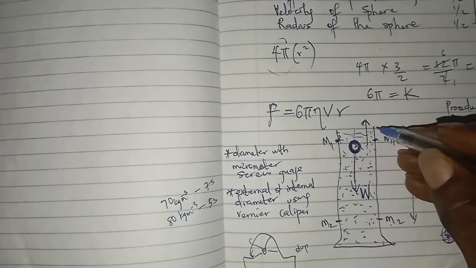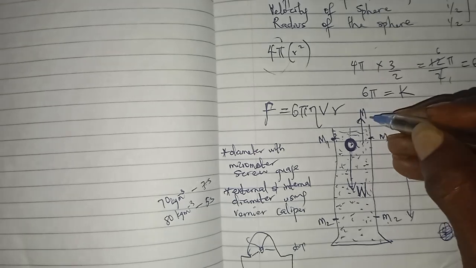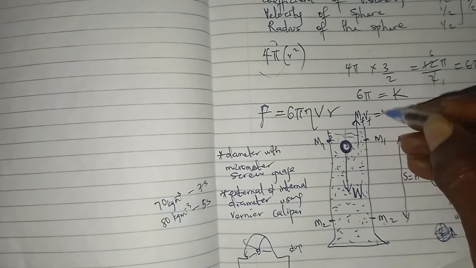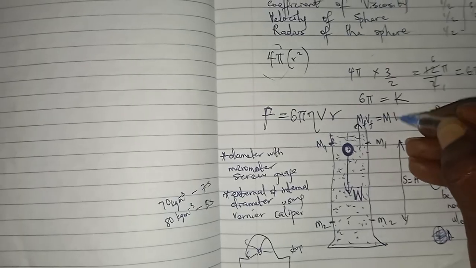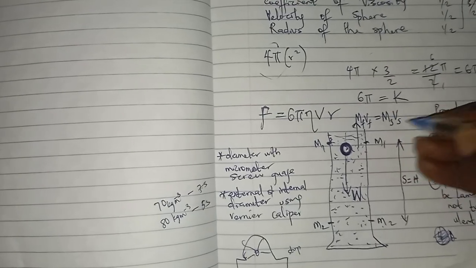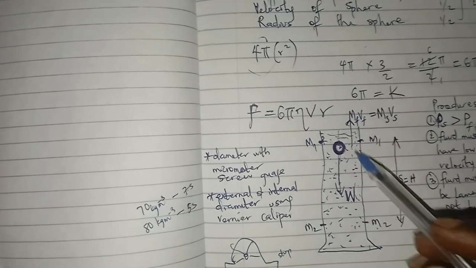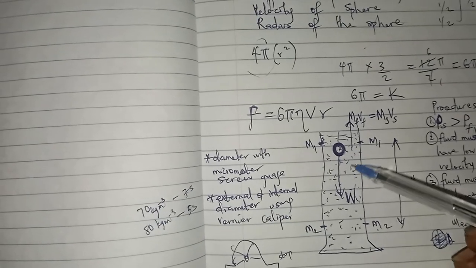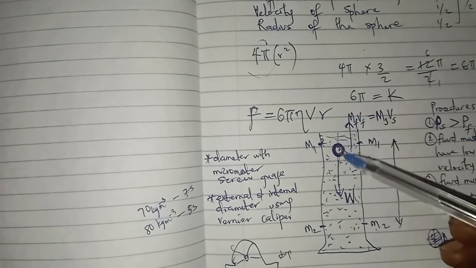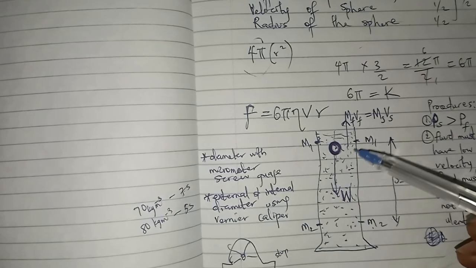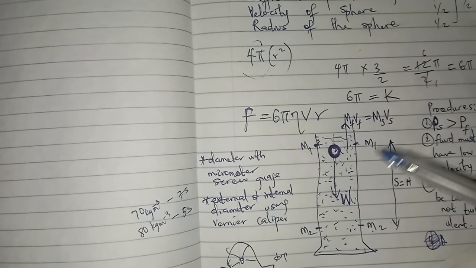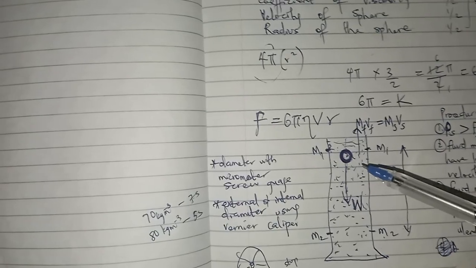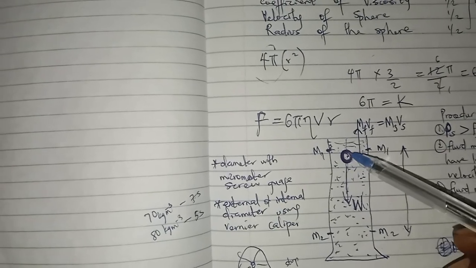So the mass and volume of fluid will be equal to the mass and volume of sphere. Reason being that Archimedes' principle states that the upthrust, that is the force exerted upward when something is immersed in a fluid, is directly proportional to the weight, or the mass and volume of that particular thing.